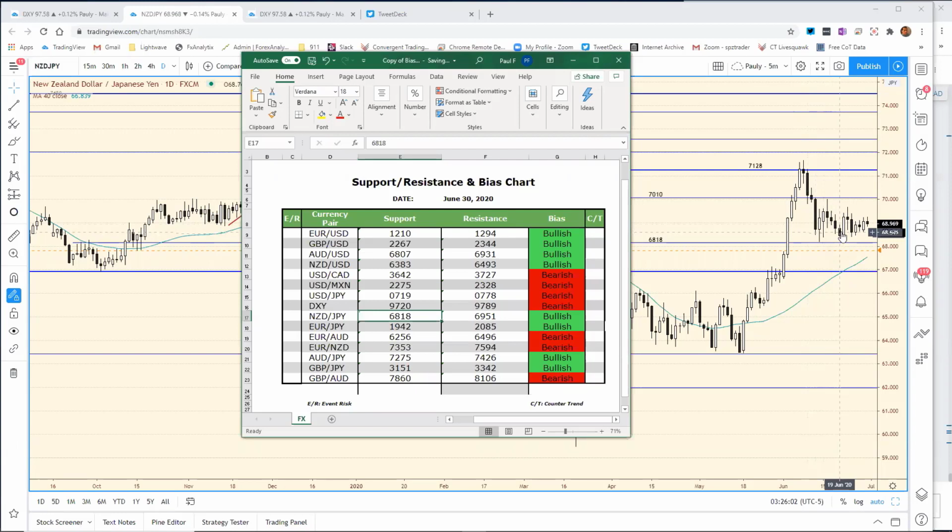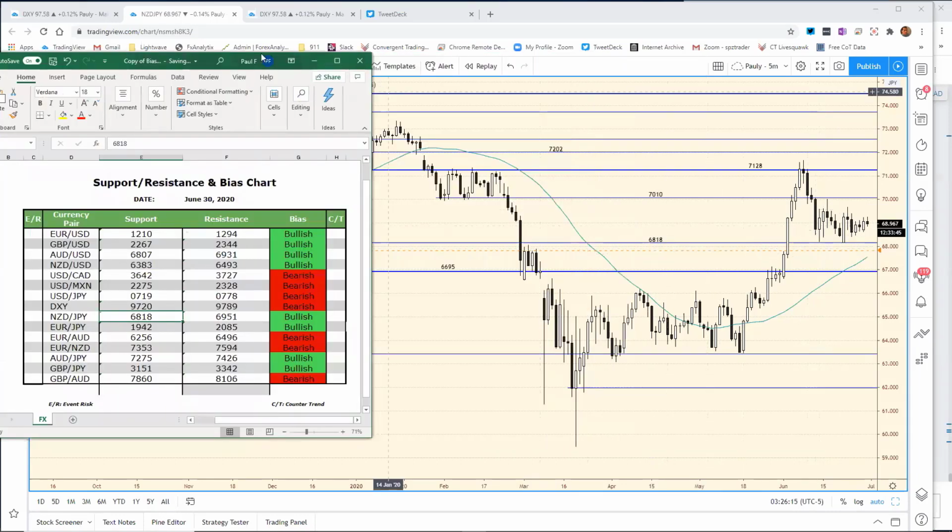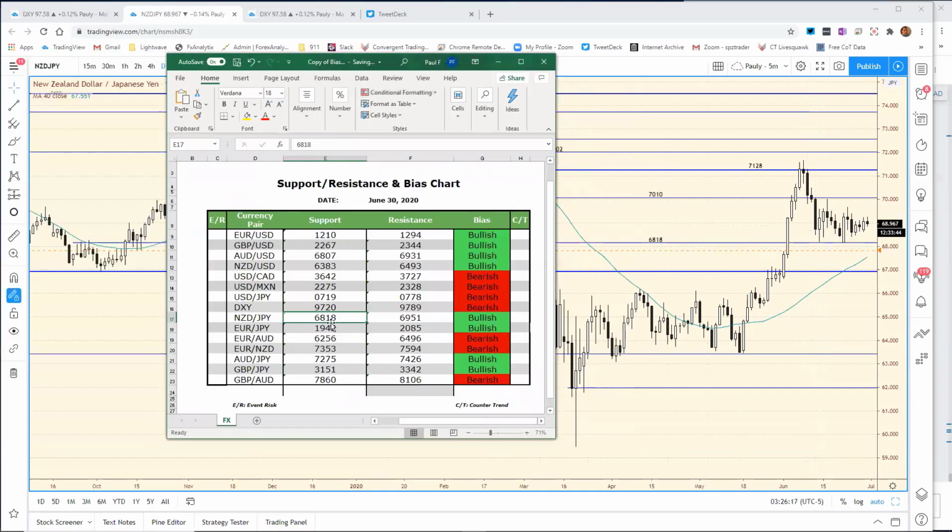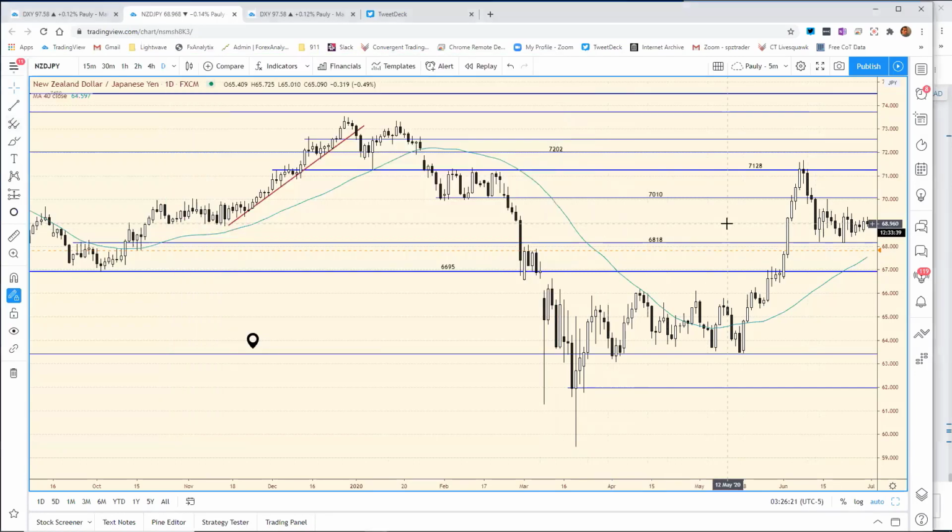It's still going to be 68.18. So no changes here, 68.18 and 69.51. Let's move on to the euro yen.